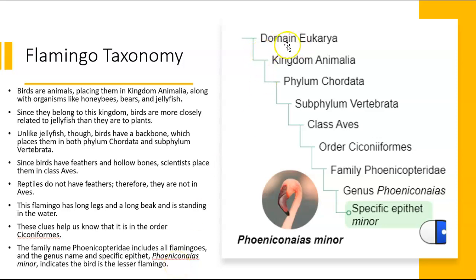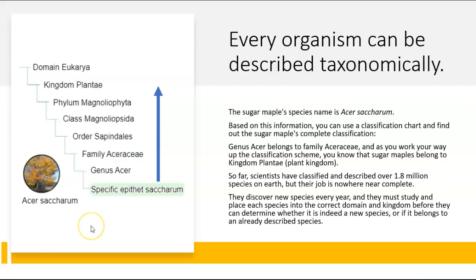So we can start all the way from the top and keep dividing until we get down to our specific epithet, our individual species. But we can also go the other way. Our other example is a sugar maple. Maybe we know the species name, Acer saccharum, right? That saccharide, like a sugar.